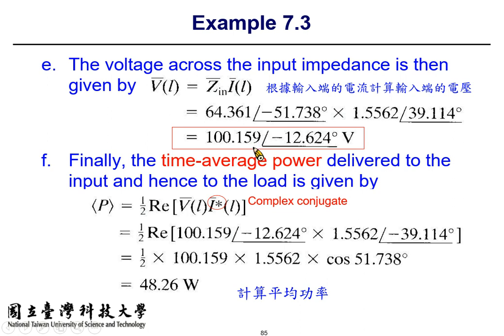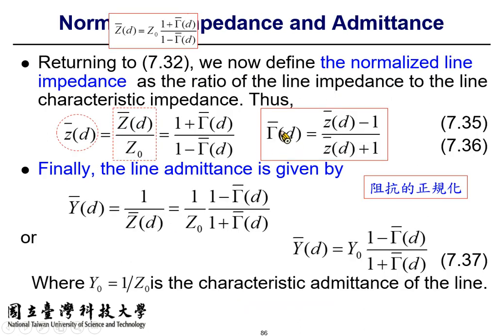All right, and the last two slides of this set are the definition of normalized line impedance. That is, divide the impedance on the transmission line by the characteristic impedance.